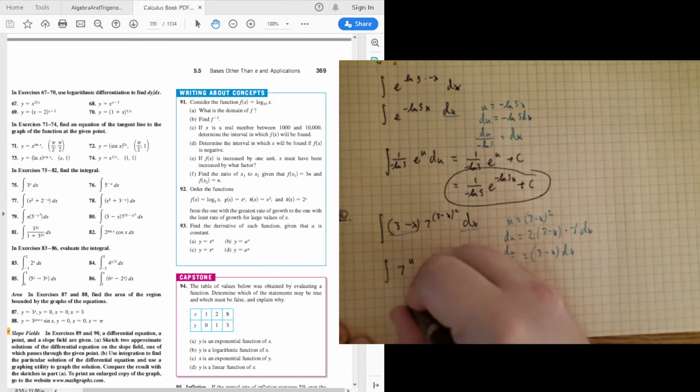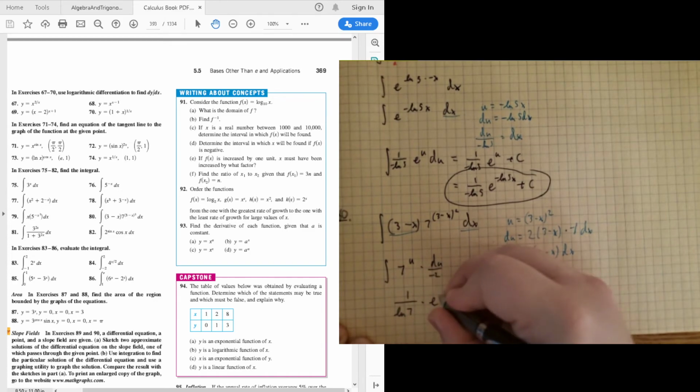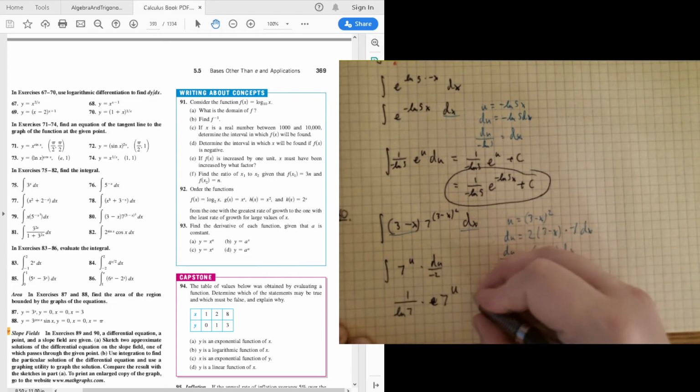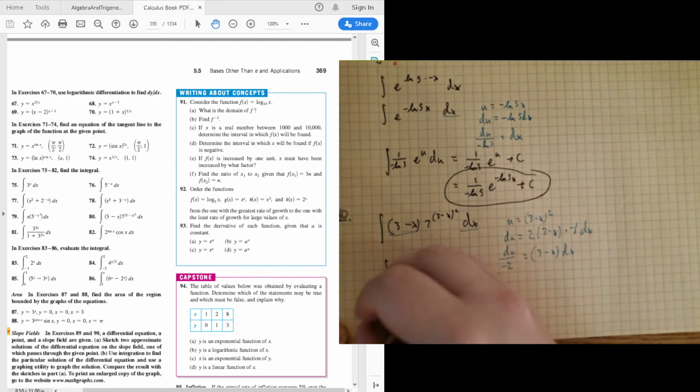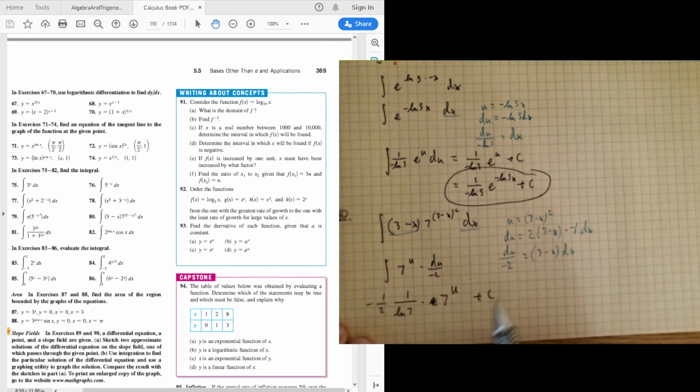This would become 1 over ln of 7 times 7 to the u power plus c. The negative 2 would be multiplied to the entire thing, leaving us like this. And then we perform a simple substitution everywhere there's a u. We replace.